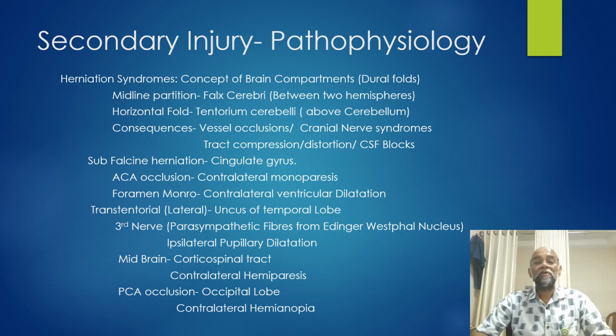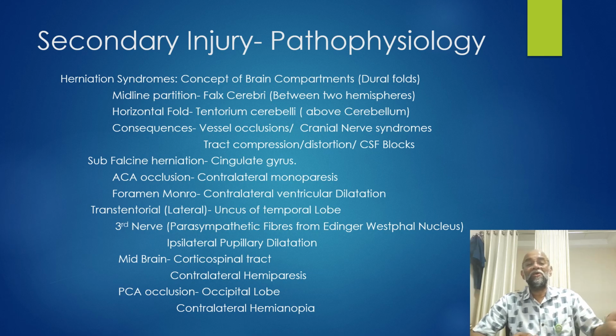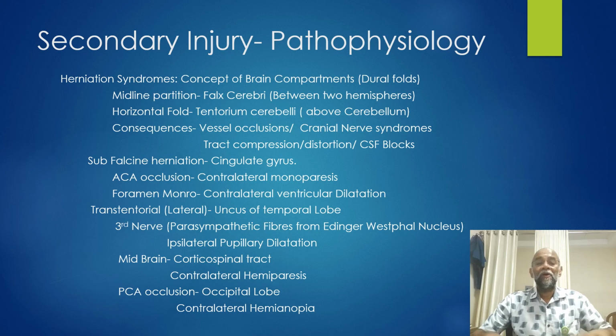Under the falx, you can have a herniation which is called a subfalcine herniation. Through the opening in the tentorium, you can have a herniation called a transtentorial herniation. And you also have herniations through the foramen magnum, which is where the medulla continues through the bony opening as the spinal cord.